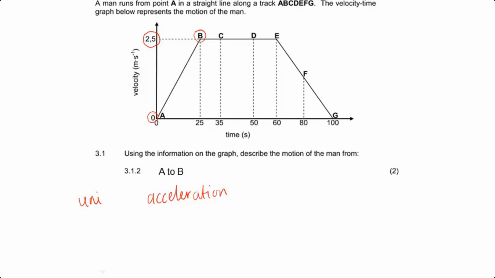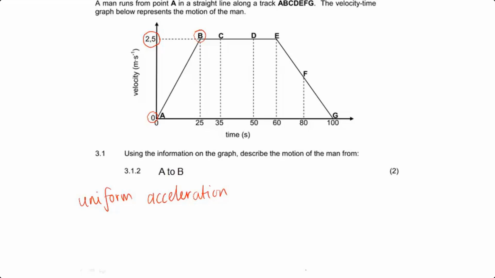That means that the gradient here is straight. It's not curving either that way or that way. We don't have a curve. It is a straight line, meaning that the rate of change of velocity is constant. How much the velocity increases per unit time is always the same.